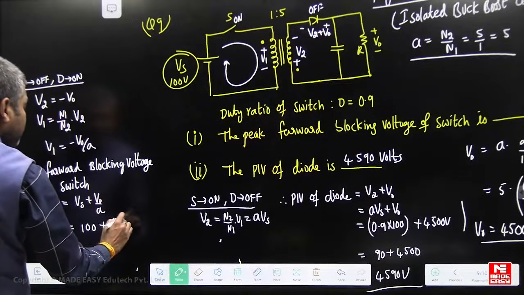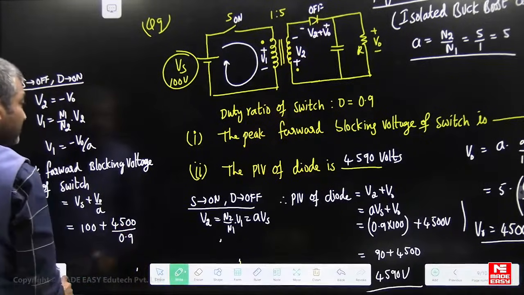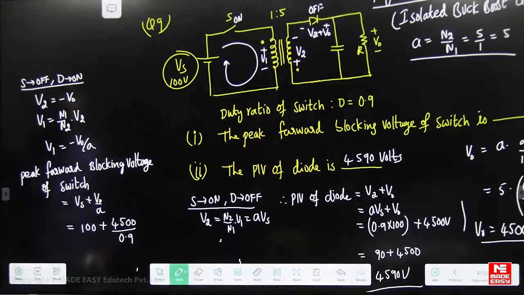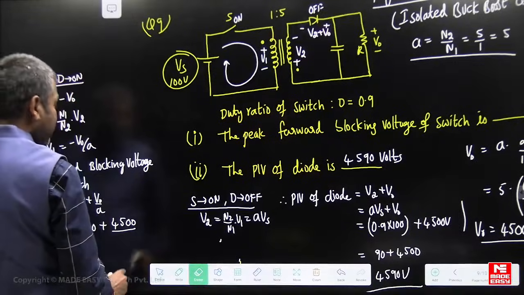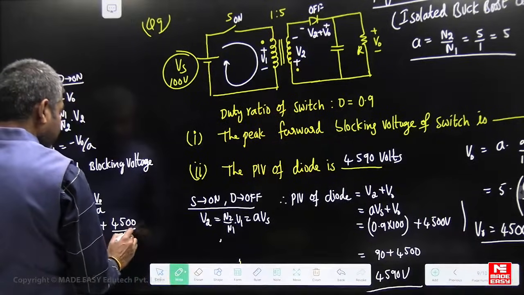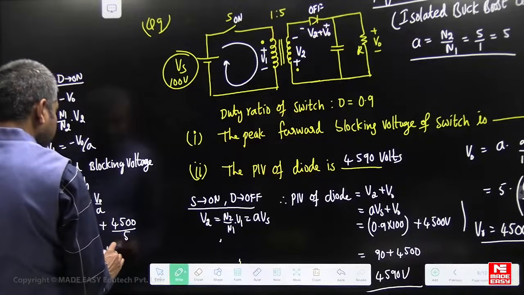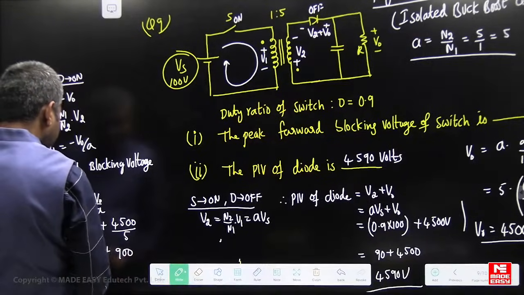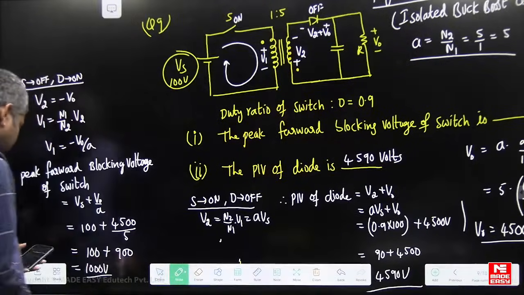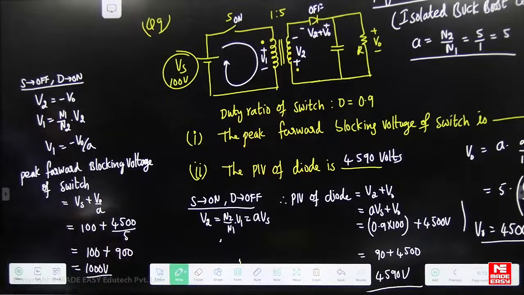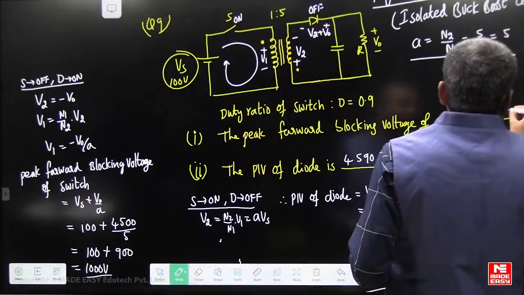V0 is 4500 by 0.9, because the value of a is, small correction, the value of a is 5. Okay, so 100 plus 900, so 1000 volts. So that is the blocking voltage of switch, students. The peak blocking voltage of switch is 1000 volts.